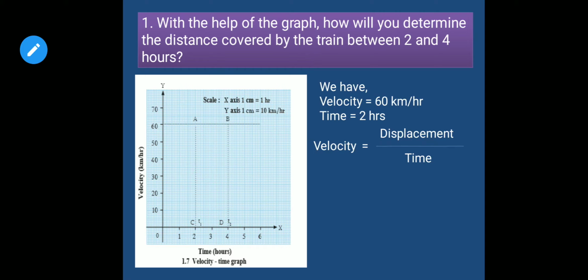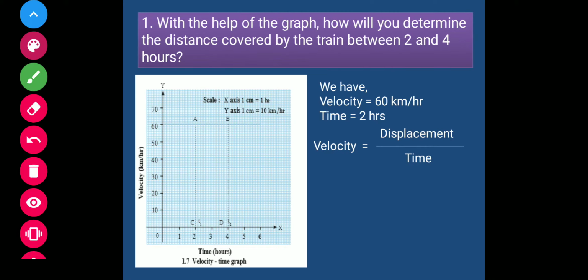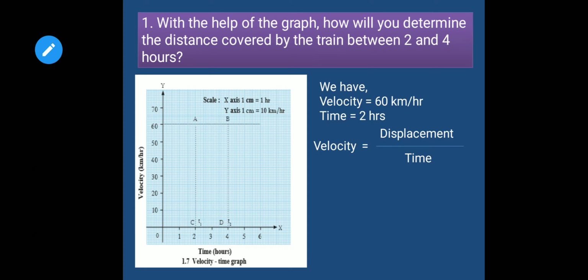Displacement means distance covered from point A to point B. This is the distance we have to calculate. So let's calculate it. Put the value in the formula.